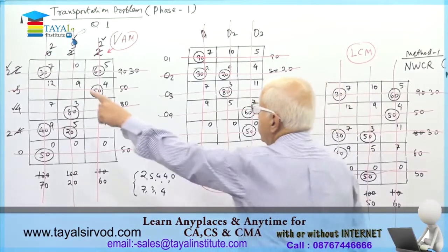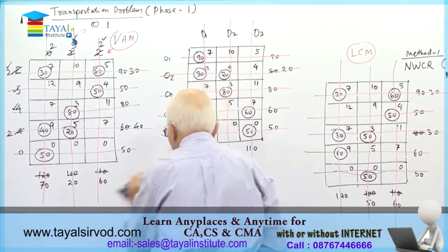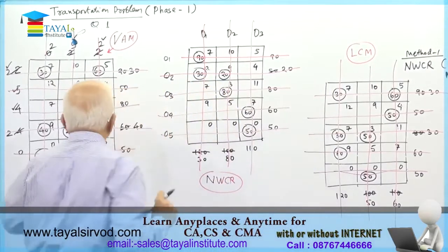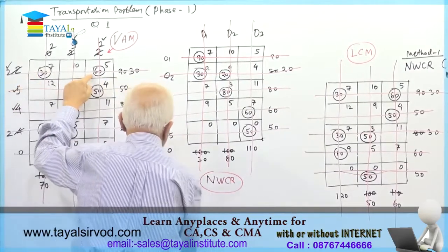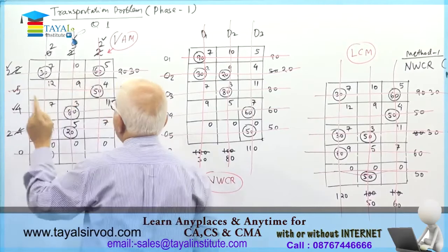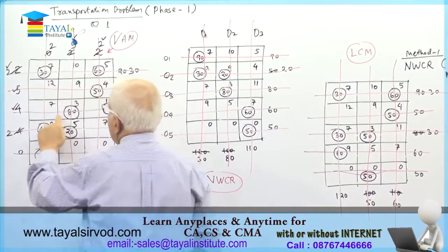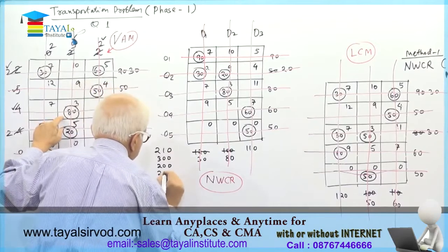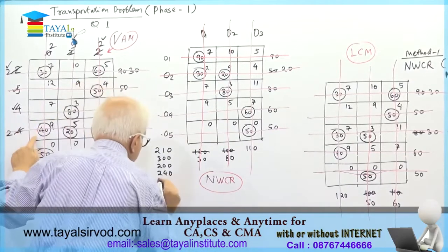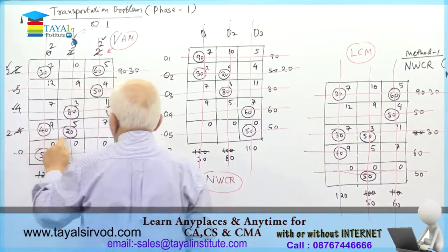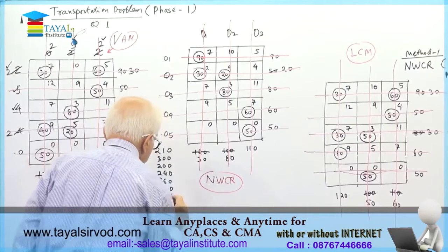Fine. So 30 into 7, I'll take the total somewhere. Now here I'll write the total. 30 into 7, 210, 60 into 5, 300, second row 50 into 4, 200, third row 80 into 3, 240, next row 40 into 9, 360, 20 into 5, 100, and 50 into 0 is 0.